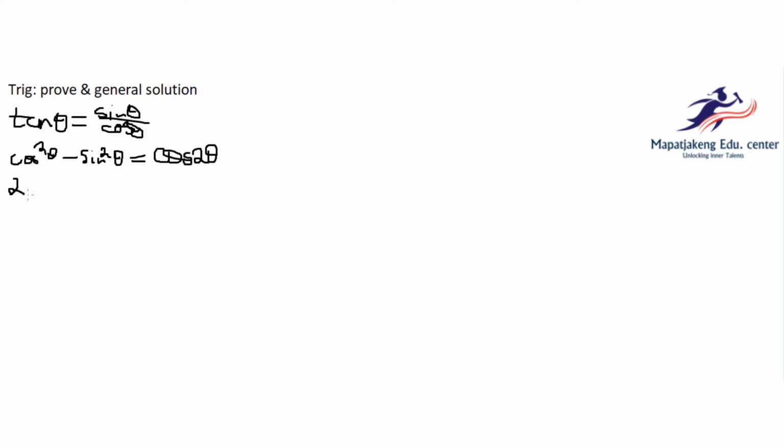As well, we know that 2 sine theta times cos theta will give us sine 2 theta, the double angle as well. And we know that sine squared theta plus cos squared theta gives us 1. What else do we need to know? I think that's it. And then from there we can go about proving now.